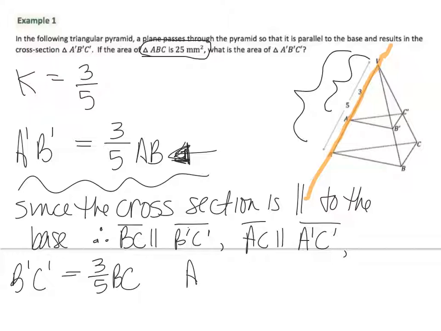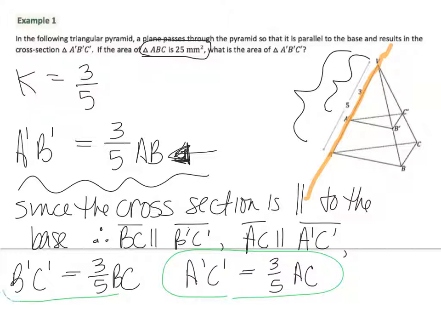I can also say that A prime, C prime is the scale factor times AC. These are all my really important discoveries. It's my takeaway, right? Now let's talk about the area of the triangles.